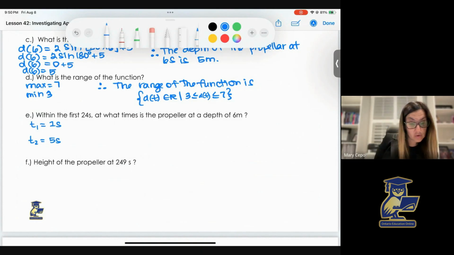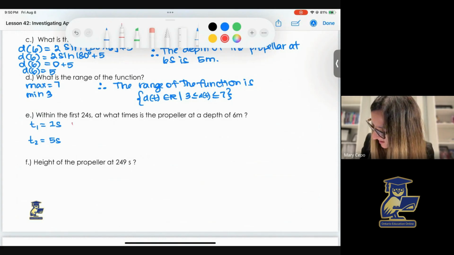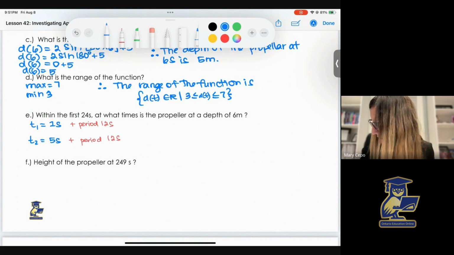Then we add the period of 12 seconds. The third time would be 1 plus 12, which is 13 seconds, and the fourth would be 12 plus 5, which is 17 seconds.